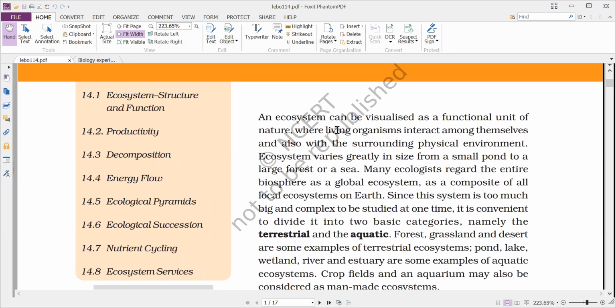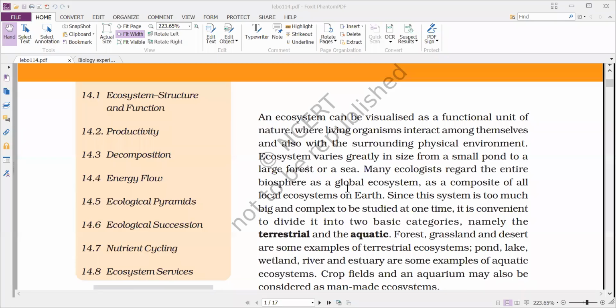Even a large forest, so the ecosystem may be a small area like a pond, or a large area like a forest or a sea or an ocean.